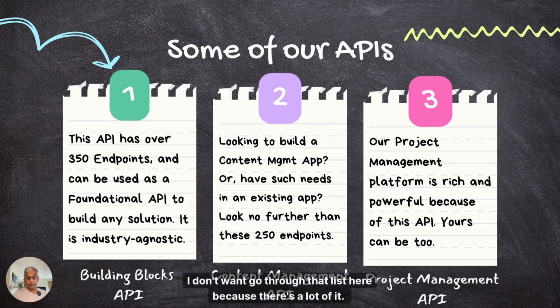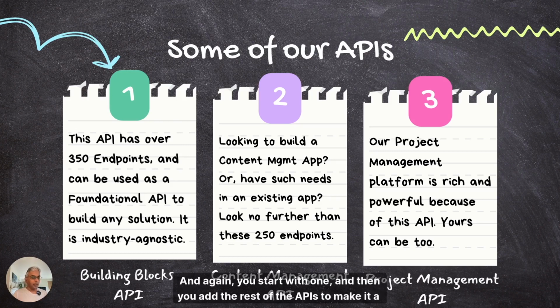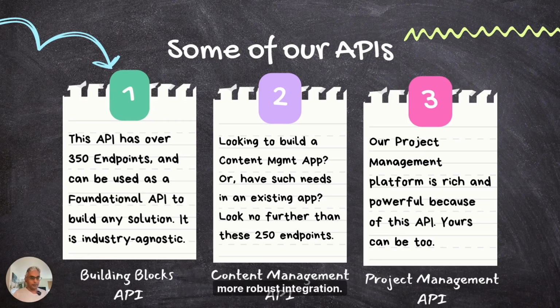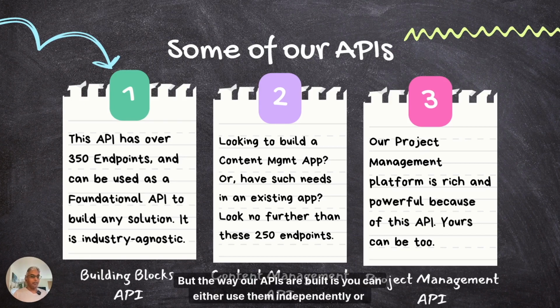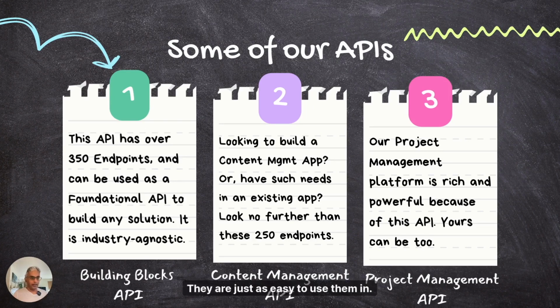I don't want to go through that list here because there's a lot of it. You can definitely look at the content management API for those needs. And again, you start with one, and then you add the rest of the APIs to make it a more robust integration. But the way our APIs are built is you can either use them independently or collectively, right?